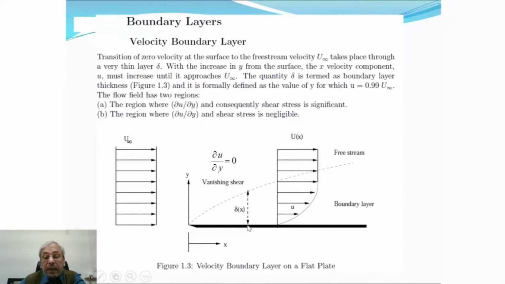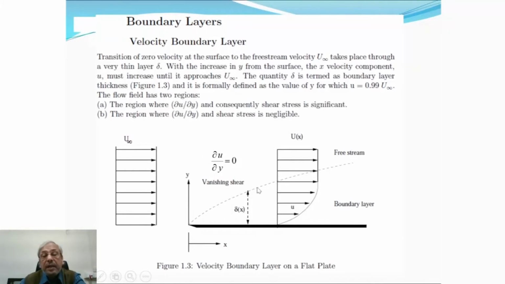Immediately on the plate at y equal to 0, the velocity is 0. Then viscous resistance will act within the boundary layer, and slowly and steadily from 0 it will reach u infinity velocity, and the thickness of this layer is very, very small, of the order of millimeter, we can say for now. Later on we will try to quantify.